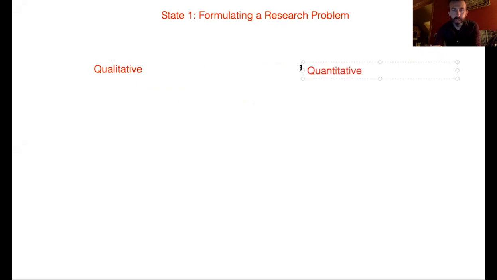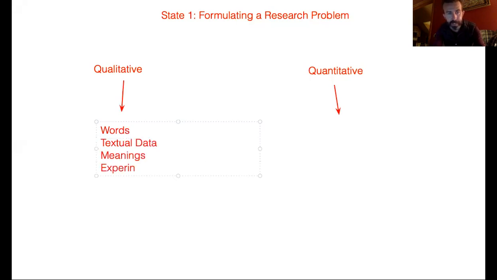So I'm going to focus just on qualitative and quantitative for a moment without bringing in mixed methods, just to give a general, comfortable understanding of what you should be looking for when you're thinking about what your methodology is as being linked to your research problem. If you're looking at words, textual data, meanings, experiences, and so on, you're probably interested in qualitative methodologies.